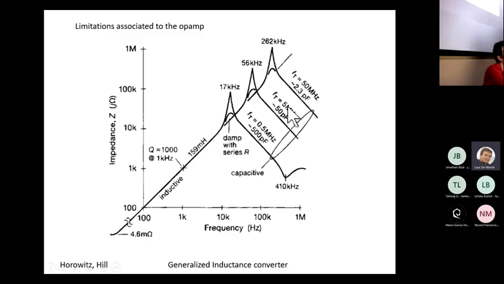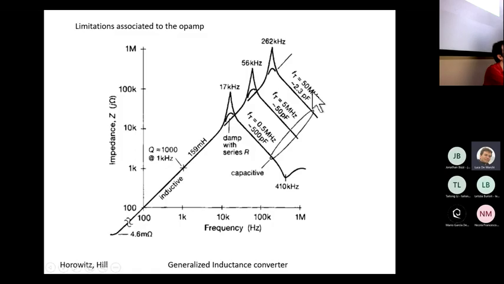So if the cutoff frequency of the op-amp is slightly larger, 5 megahertz, then let's say the corner frequency between the inductive and the capacitive behavior is around 56 kilohertz, and so on.